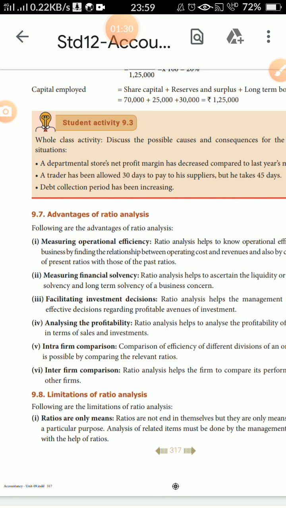The following are the advantages of ratio analysis: measuring operational efficiency. Ratio analysis helps to know the operational efficiency of the business by finding the relationship between operating cost and revenue, and also by comparison of present ratio with those of the past ratio.